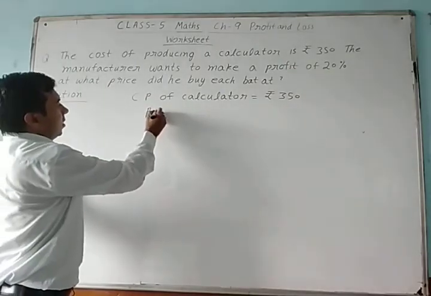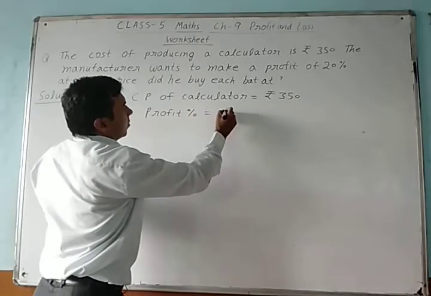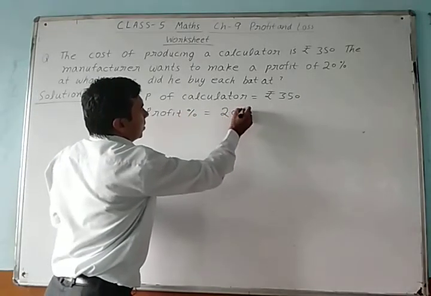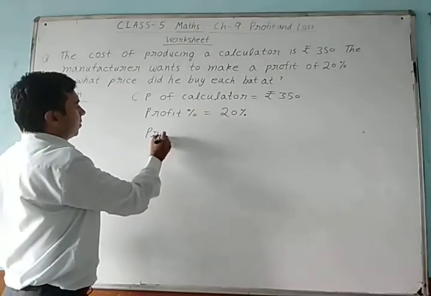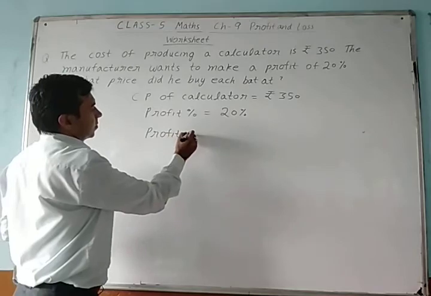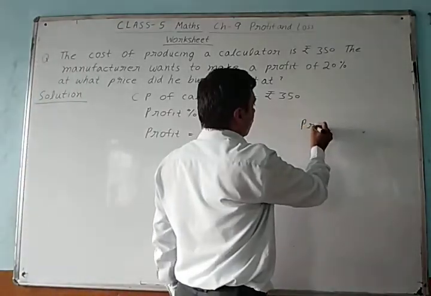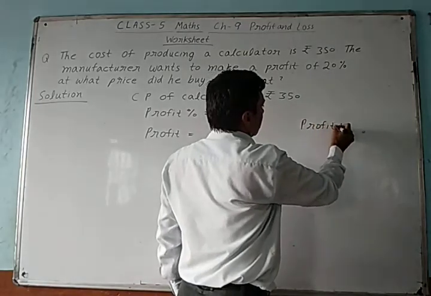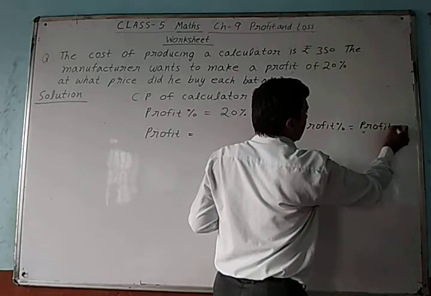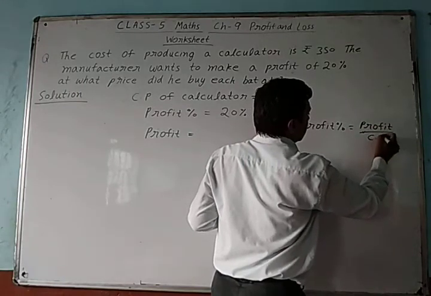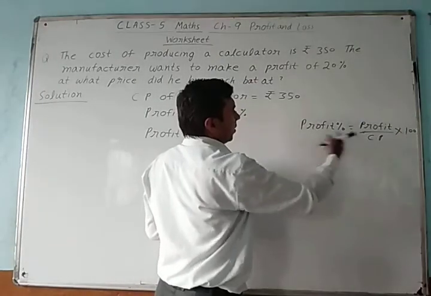Profit percent, student, 20%. Now student, we have to find out profit. So we all know that profit percent is equal to profit upon CP into 100.